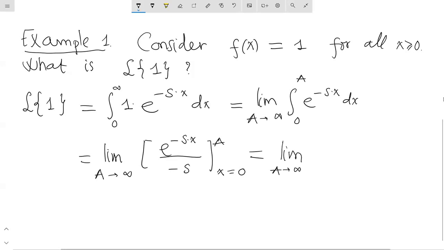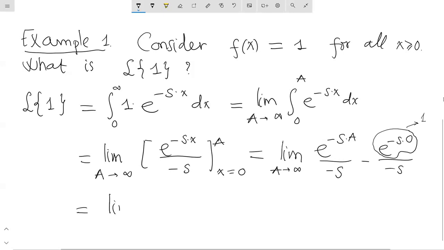And plug in x equal to a, we have e to the minus s times a over minus s, minus x equals 0. When x equals 0, e to the minus s times 0 here, this of course becomes 1.